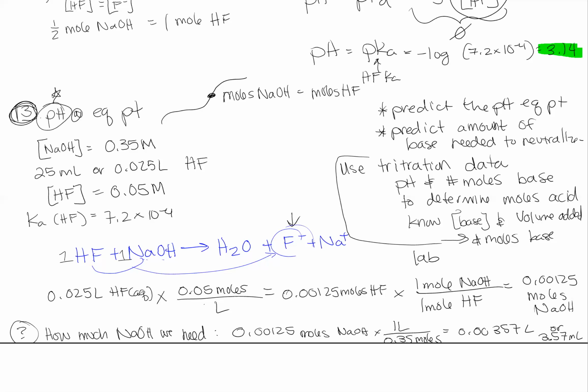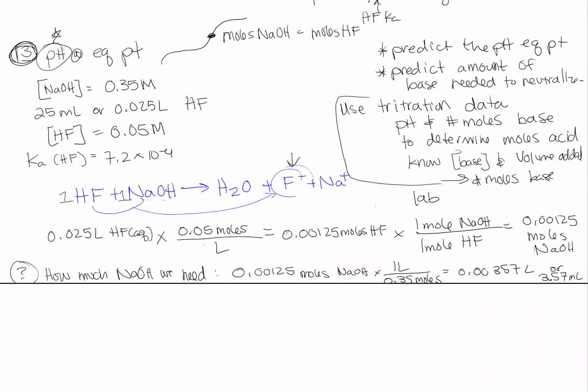We want to find out the pH at the equivalence point. So to find that pH at the equivalence point, we need to know what is our concentration of fluoride ions. Now we know how much of our fluoride ion will be produced, because we know we have 0.00125 moles of hydrofluoric acid and NaOH reacting.